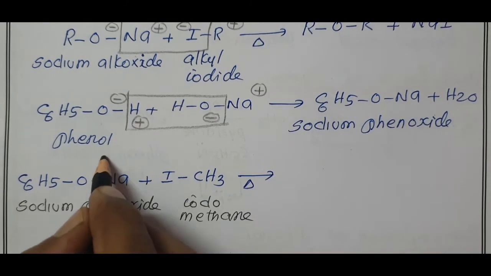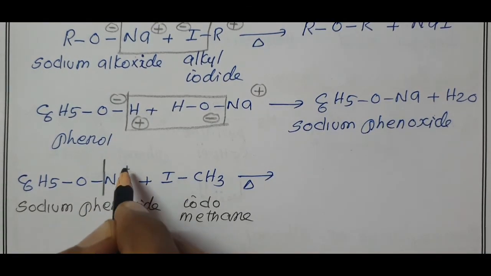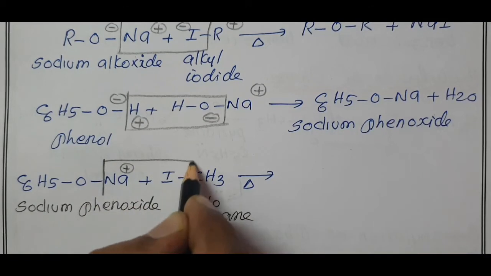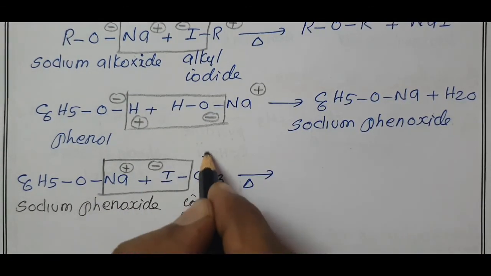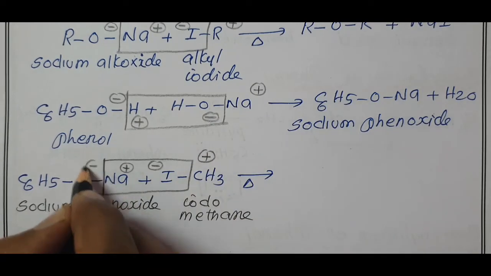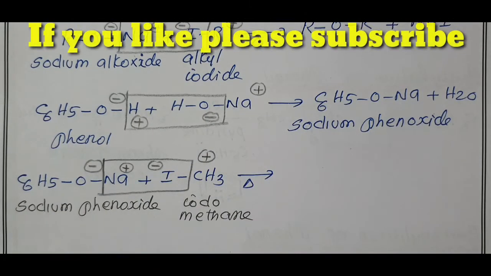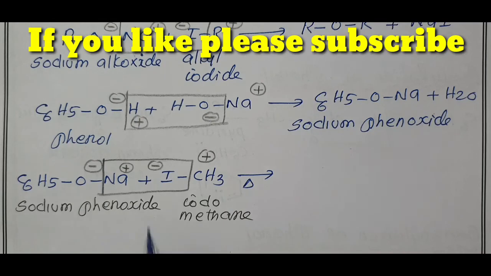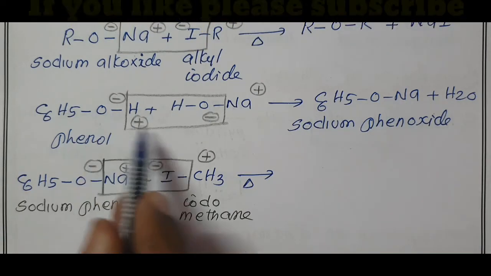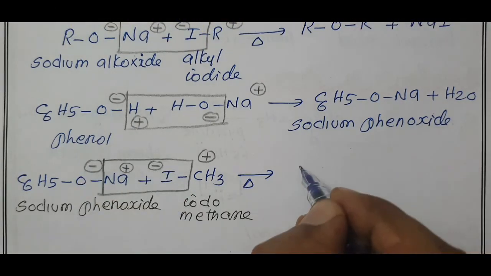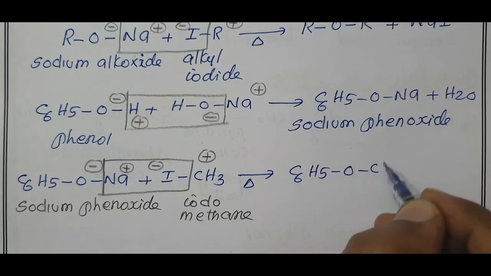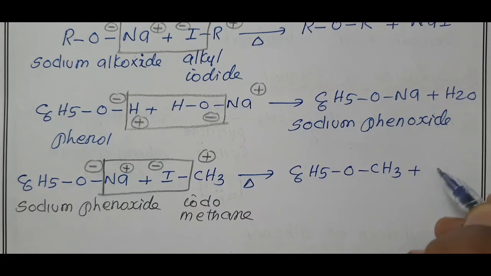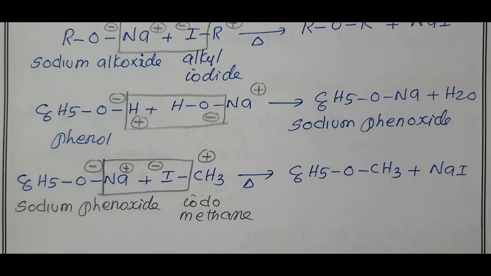Now what happens? Na plus and I minus are removed as NaI. This methyl plus is now added to the phenoxide ion. Actually, this I minus is substituted by phenoxide minus, called nucleophilic substitution reaction. C6H5OCH3 plus loss of NaI.